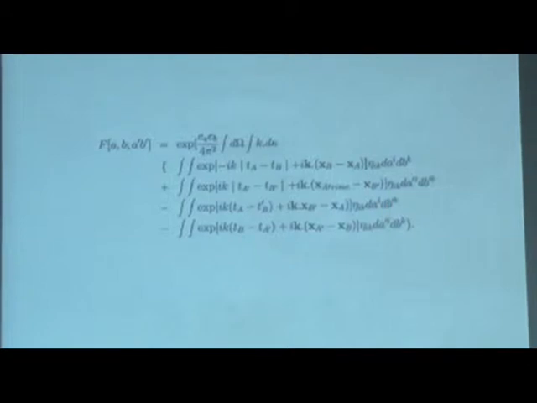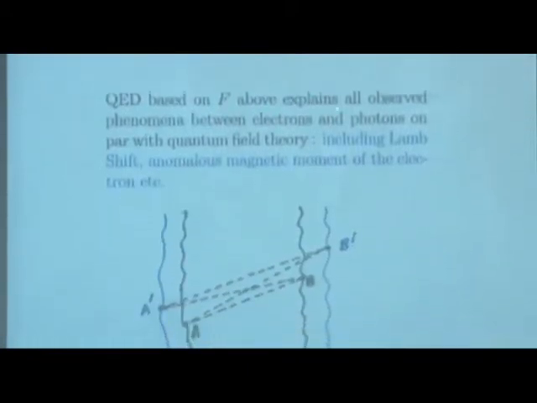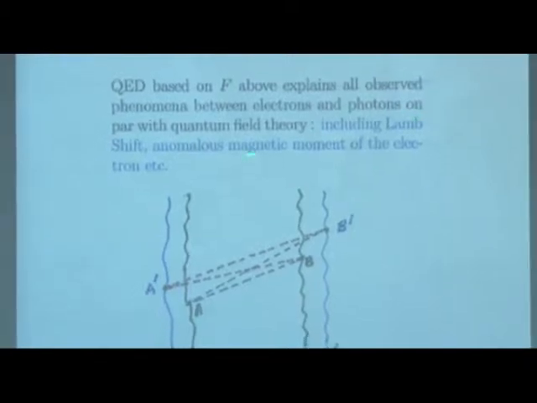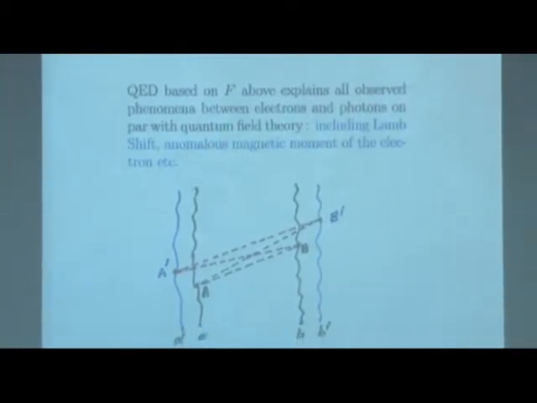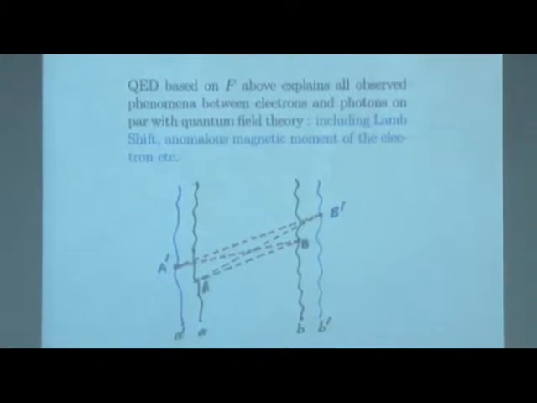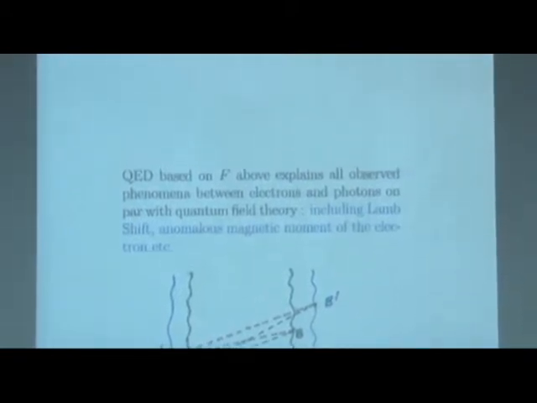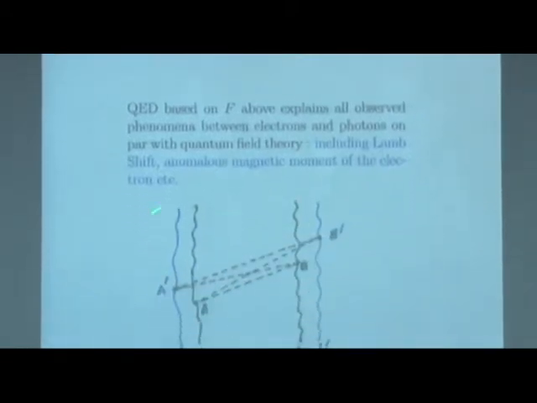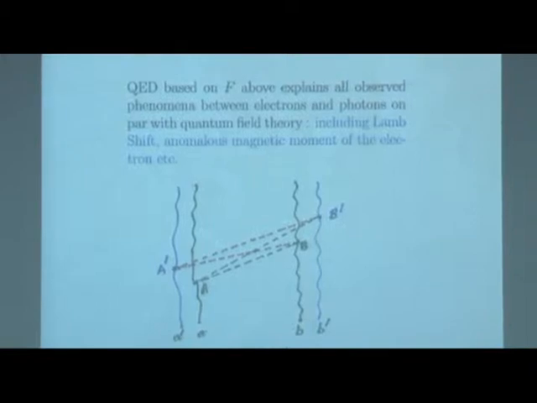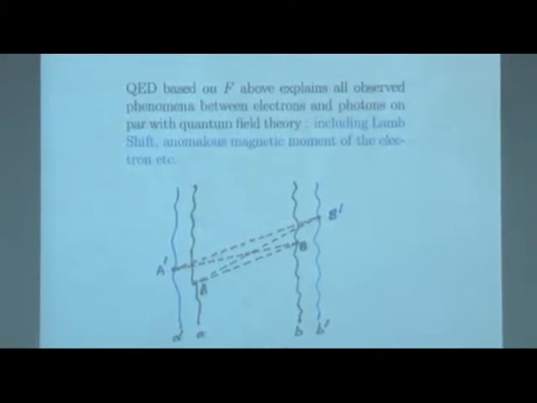So, the quantum electrodynamics based on F here explains all the observed phenomena between electrons and photons on par with quantum field theory. So, once you derive this formula, you can show to a field theorist that this is what any pair of electrons will do when they interact with each other, and this same formula is derivable from quantum field theory.